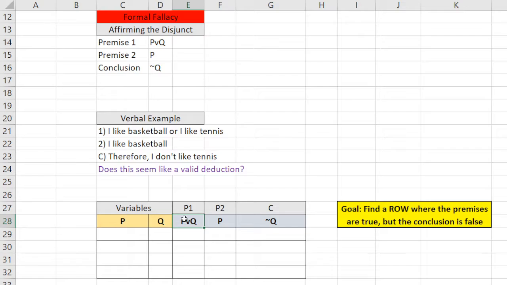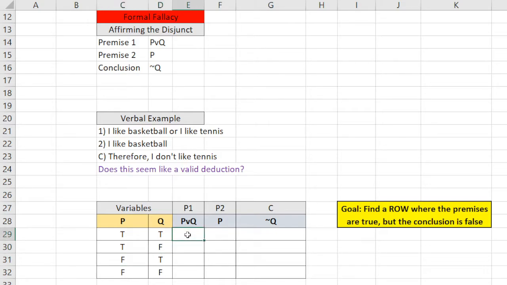And then I write each premise out, which is P or Q, P, and then not Q. And now I just fill this truth table out just like any other truth table, which means when I have two variables, I have to cover all situations, right? So true, true, false, false, true, false, true, false. Right? This part is always the same when you have two variables. Both are true, both are false, and then you mix the last two.